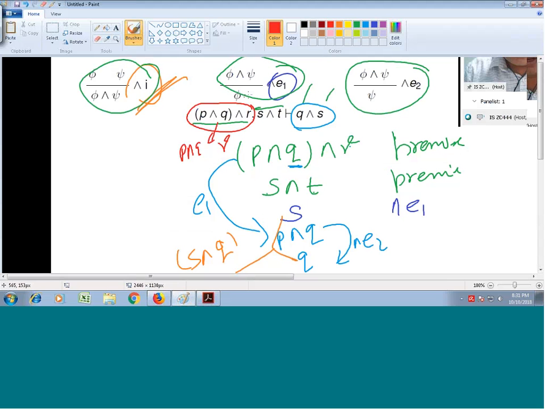I can take it out. I can take P and Q, I can take R. I can take P, I can take Q, I can take R. I can extract all these things and say that I have P, I have Q, and I have R. Similarly, from the second thing, I can say I have S and I have T. If all the things are there as independent entities, then I can say that I have S and T. If somebody asks me to give Q and S, I say that Q and S is with me.